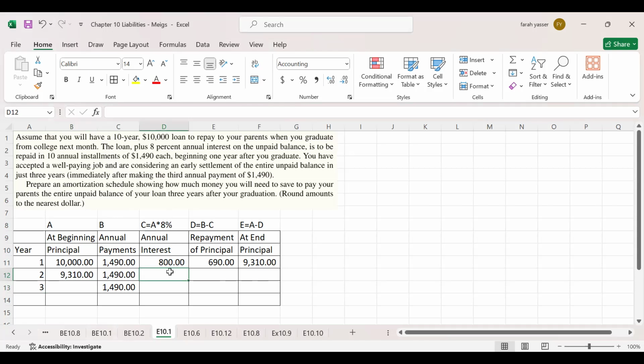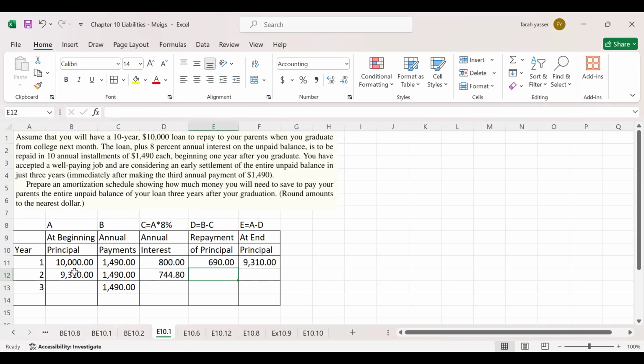So for annual interest, the total unpaid amount of principal is 9310, and we multiply it with the rate of interest, which is 8%. So the interest amount is 744.8. Now we are going to calculate repayment of principal.